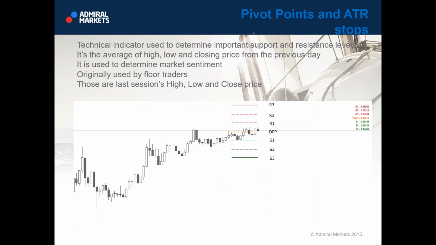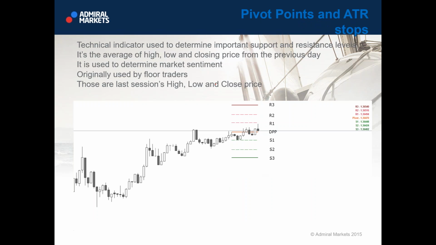Now, pivot points and ATR stops. We are talking about, again, support and resistance, but we will use price calculations. A pivot point, simply put, is a technical indicator used to determine important support and resistance levels.